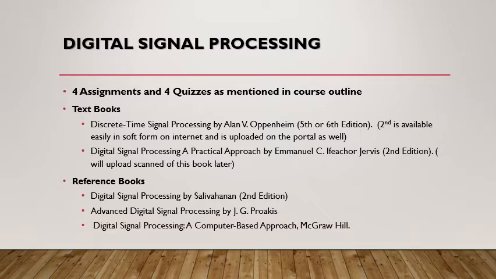Let me talk about what we are going to study from the first and second textbooks. From the first textbook, we are going to talk about signals and systems. The first chapter is just a recap of what you have studied in signals and systems. We will talk about LTI systems, impulse response, convolution, Fourier transform properties, and then we will shift to our main topic, that is sampling. We'll talk about the phenomenon of sampling.